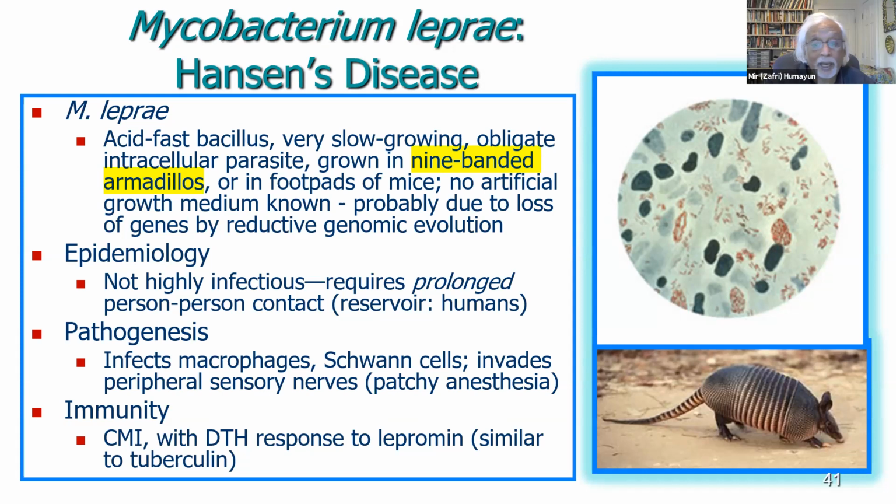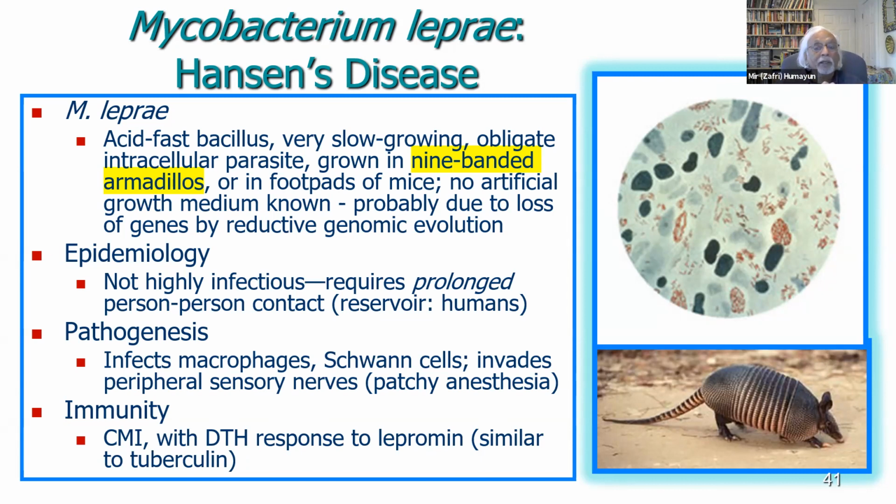It's getting amino acids and other stuff it needs to survive from the host, and therefore it is going to undergo so-called reductive genomic evolution, in which it simply loses many of the genes that are no longer necessary for it to live.